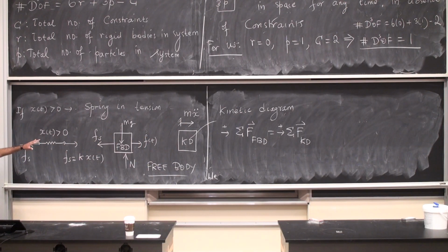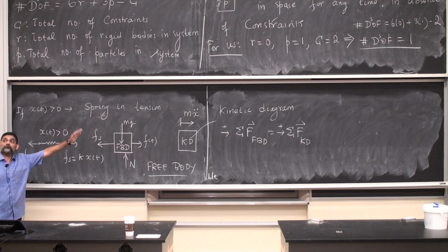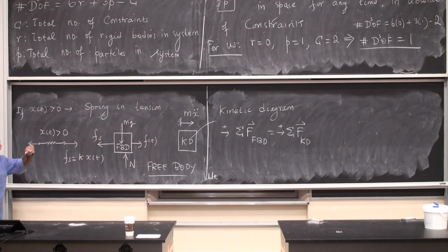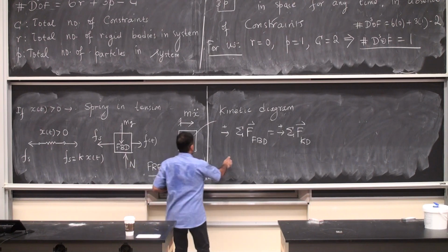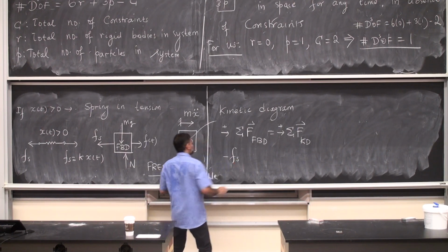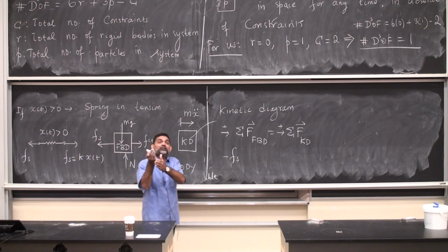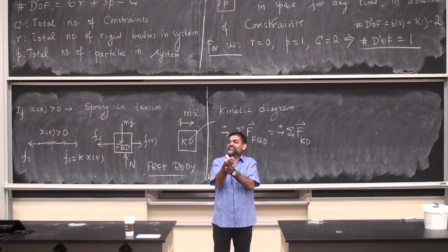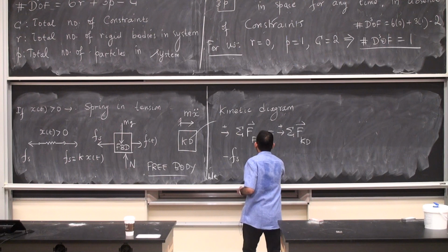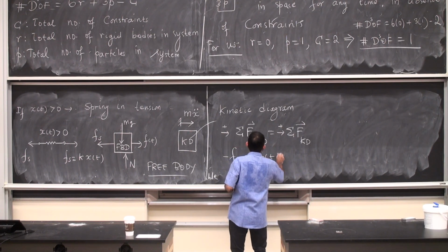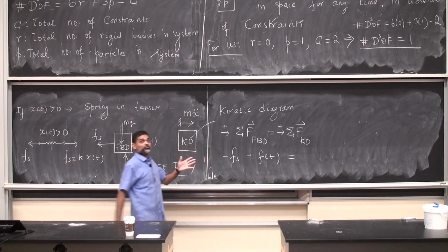Look at the free body diagram. I am not interested in the vertical forces because no big deal, right? They're all balanced. Horizontal forces, minus Fs, plus F of t. You see, F of t is positive because it's pointing in the same direction as a positive displacement. Beautiful. Those are all the forces in a horizontal direction.